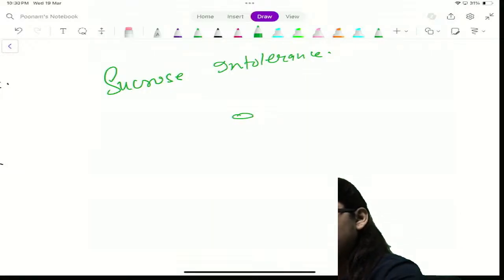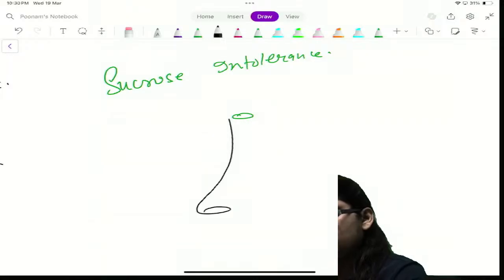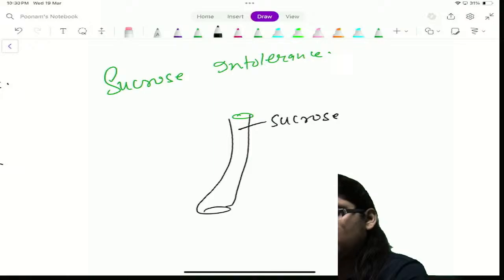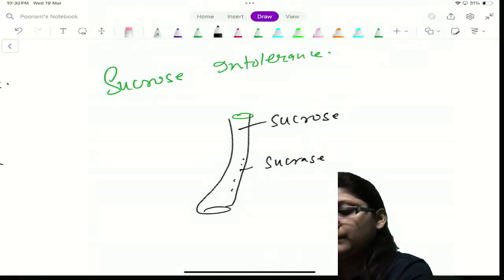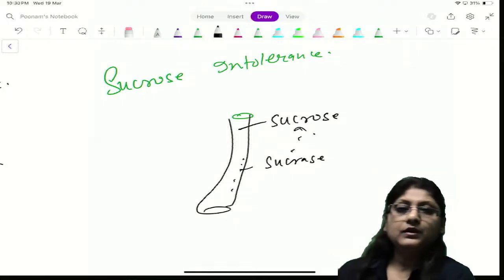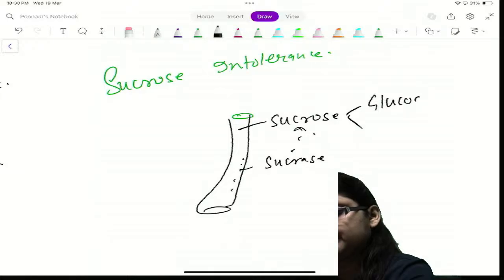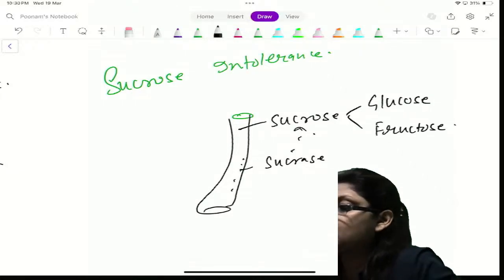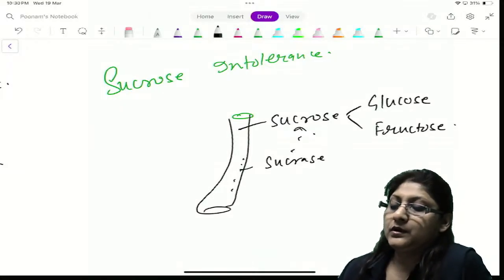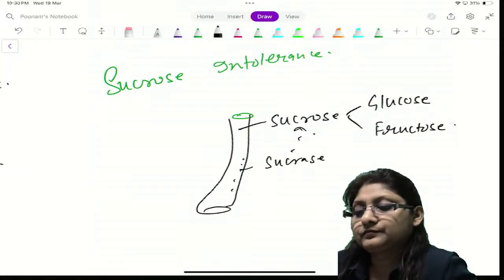See, what is happening whenever we are consuming sucrose, we have a lot of enzymes here, called sucrase enzyme, which acts on the sucrose and digests it into glucose and fructose. And these monosaccharides are going to get absorbed in the blood circulation.